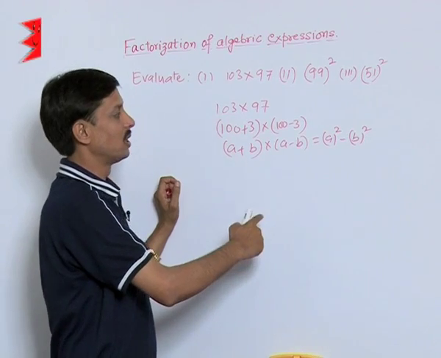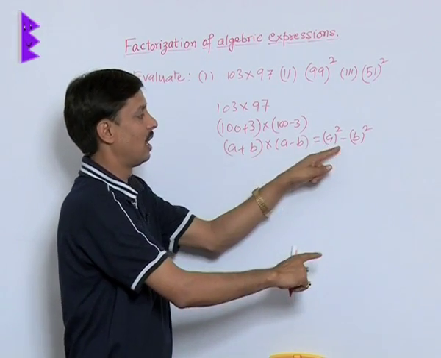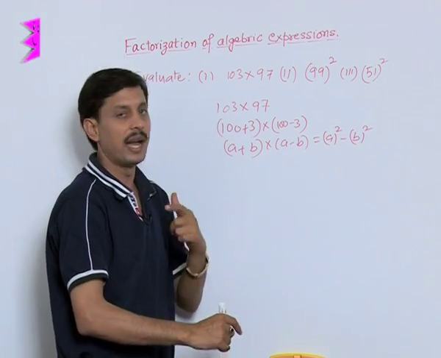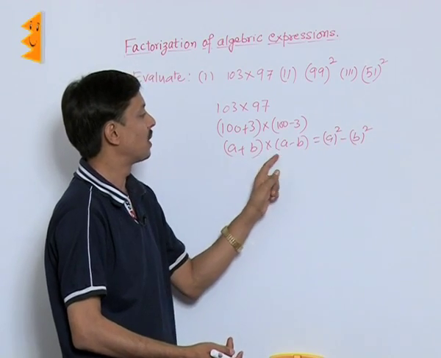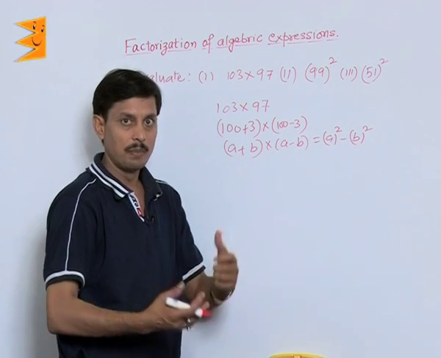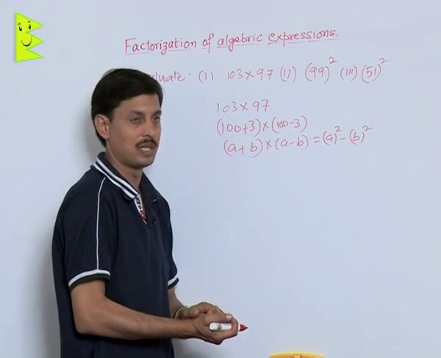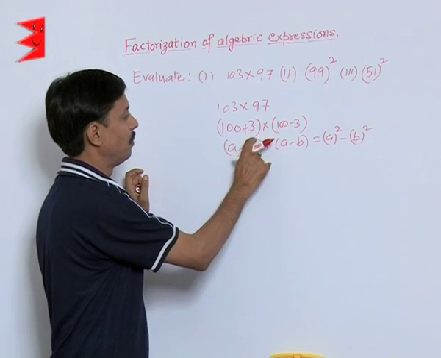Now I am using the left hand side in place of the right hand side and the right hand side in place of the left hand side of the identity, as I explained. Whenever we speak of the identity, it is a² − b² equals (a + b) into (a − b). But we can also say (a + b) into (a − b) is equal to a² − b². Using this relation, a is 100, b is 3.